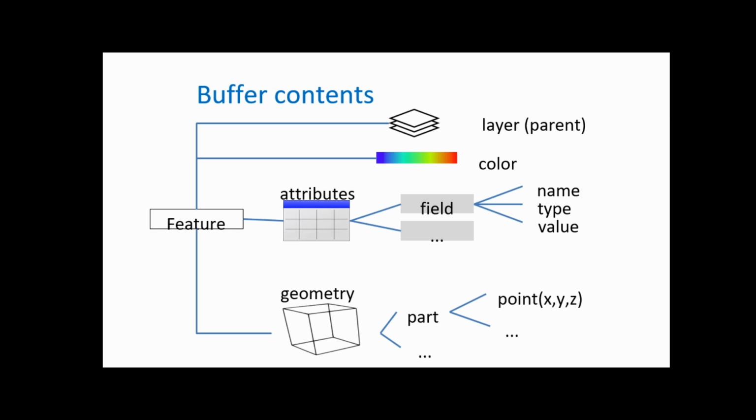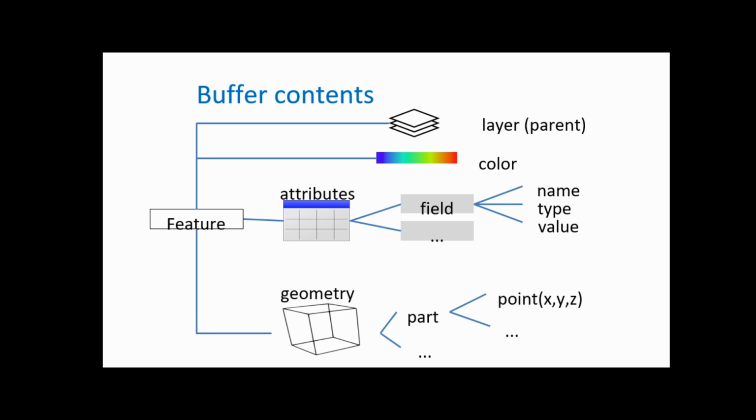So for all the attributes, I'm looping through all the fields, and for each field, I save the name and the type and the value. And the geometry consists of parts. That can be, if you have a multi-part feature, the different geometries of that multi-part feature.